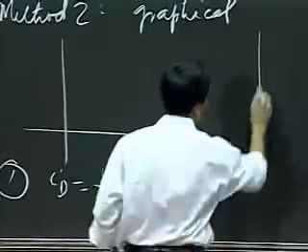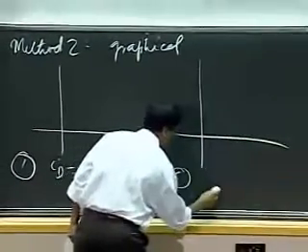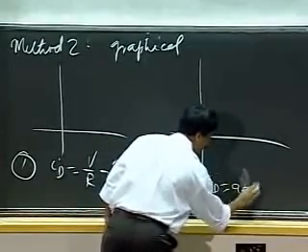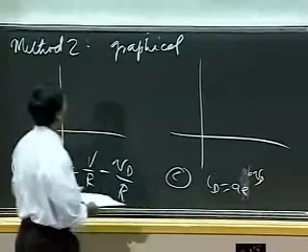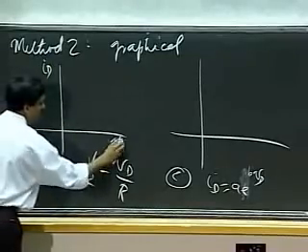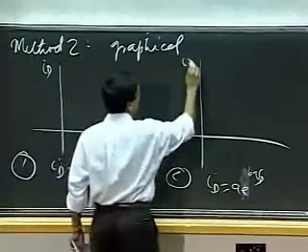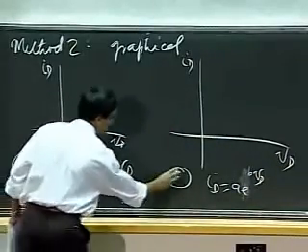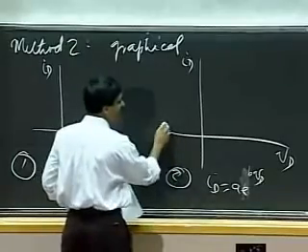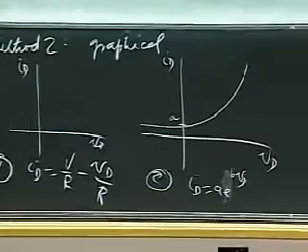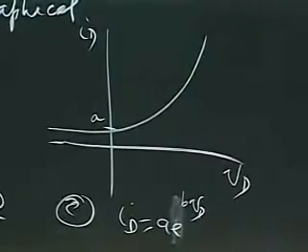I can also draw the second one. I can do an ID versus VD plot. In this particular situation, you've seen this already. That's my ID versus VD curve right there.